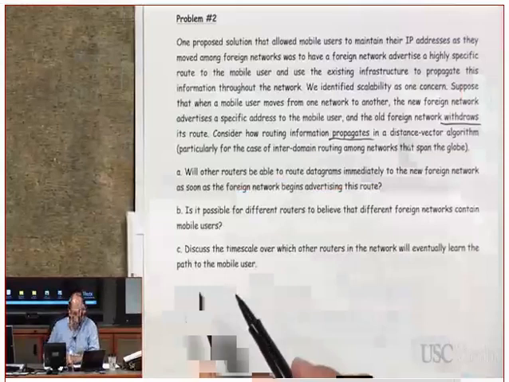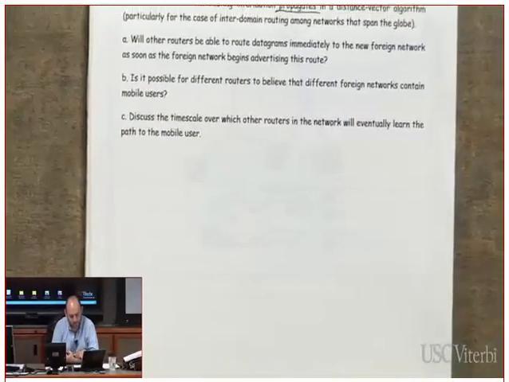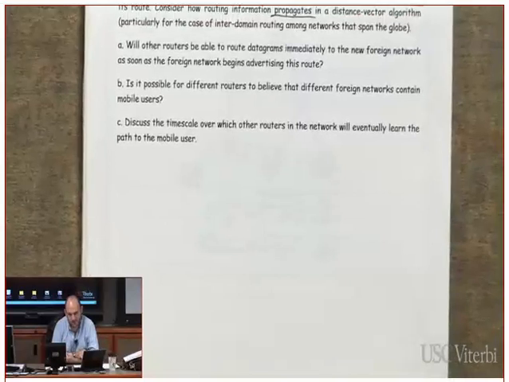So let's see what we have over here. We have the permanent address of the mobile node. It's connected through a WAN. We have the foreign agent here. The home agent is here. The visited network is this one. What is the care-of address?